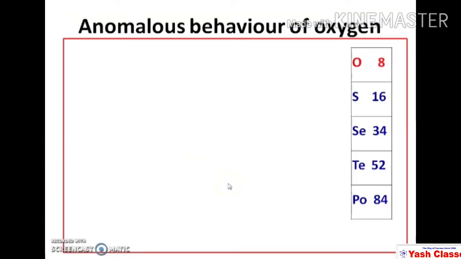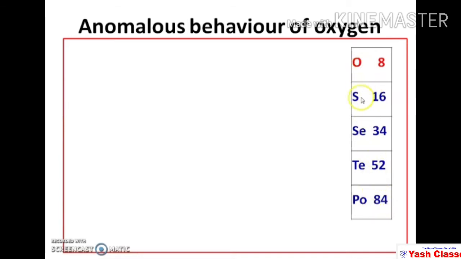The next important point is the anomalous behavior of oxygen. That is, how oxygen shows different characters or properties than the rest of the elements present in the same group, group number 16. And you already know that in a given group all the elements are expected to show similar chemical and physical properties.